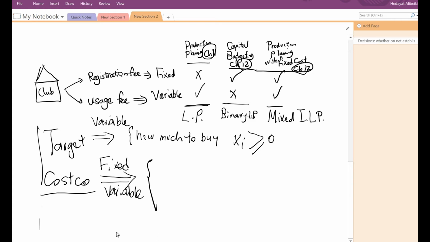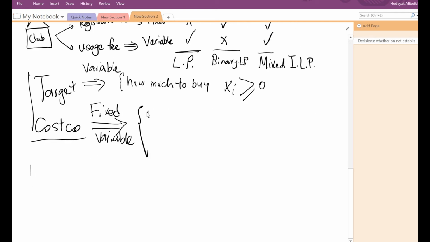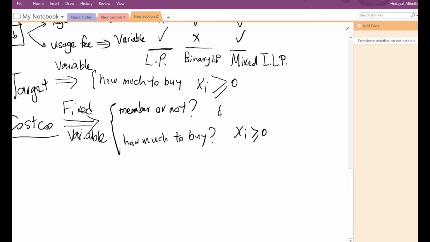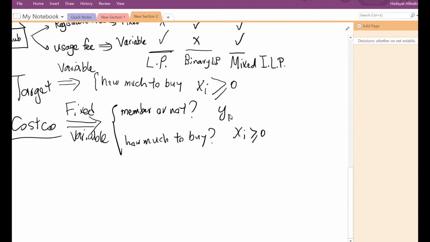So you have to make two decisions here. If you want to go with Costco, the first decision is whether you want to be a member or not. And then if you become a member, how much to buy. Again, if I show xi as the amount of product that you buy, there is another variable before xi can take positive numbers.